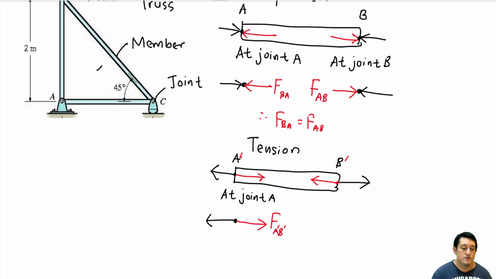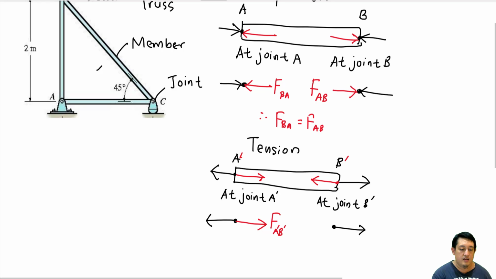When we want to draw the FBD at joint B prime, this one is A prime. We will have the external force like this, and then the force inside the member when it is in tension will be in this direction.